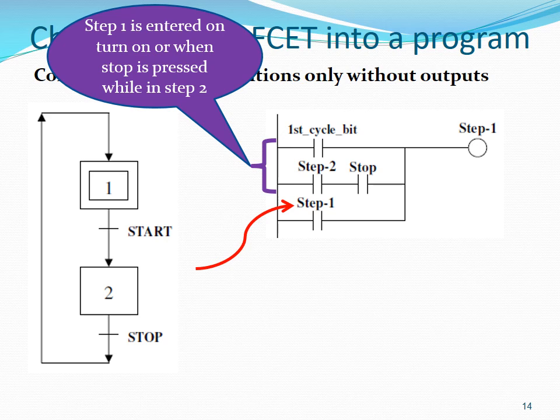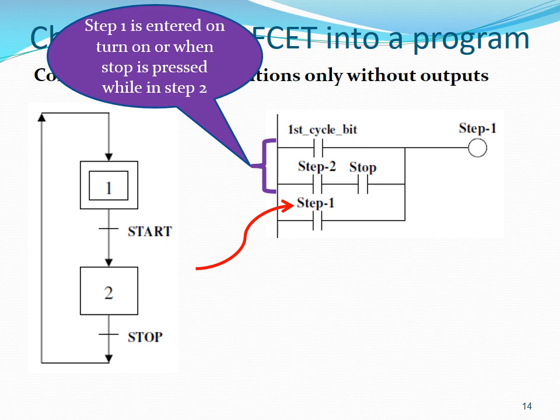Let's look at the ladder rung that determines the state of the memory bit step 1. We get into step 1 either when the PLC is first switched on or when we are in step 2 and the stop button is pressed.